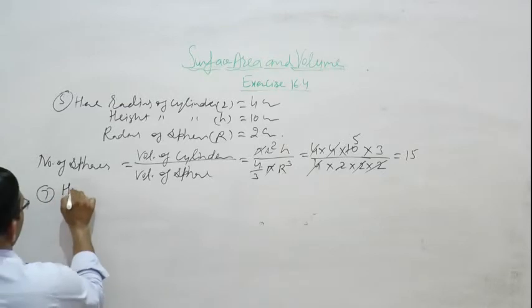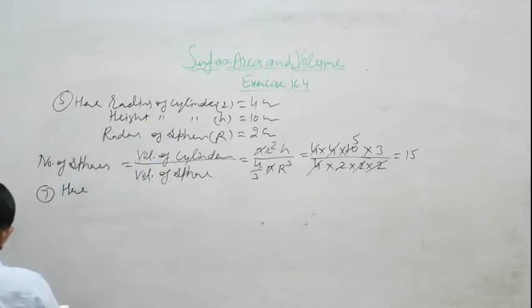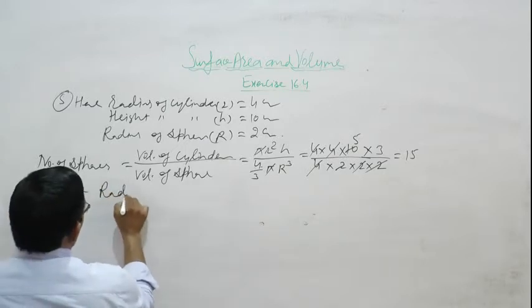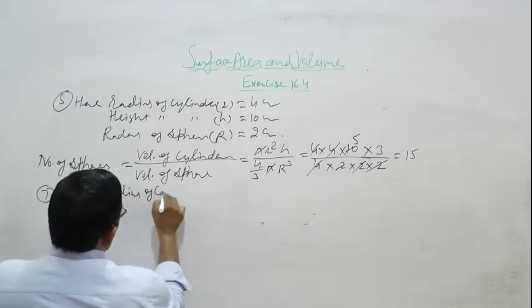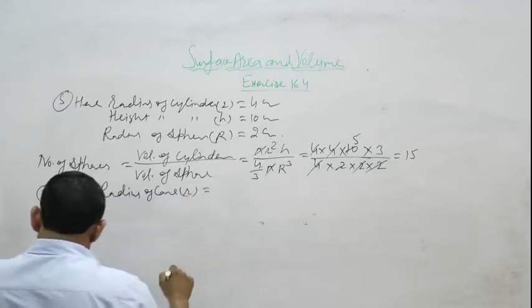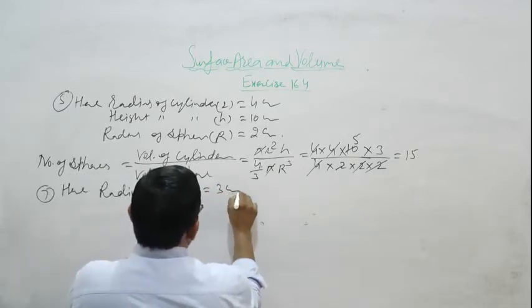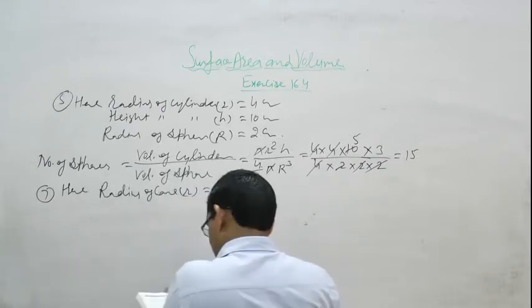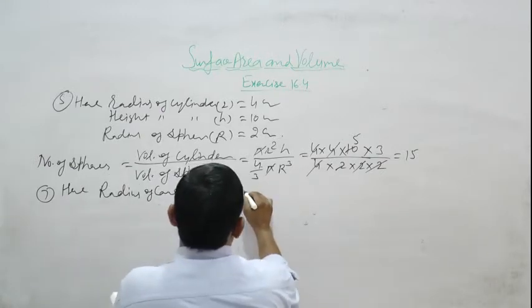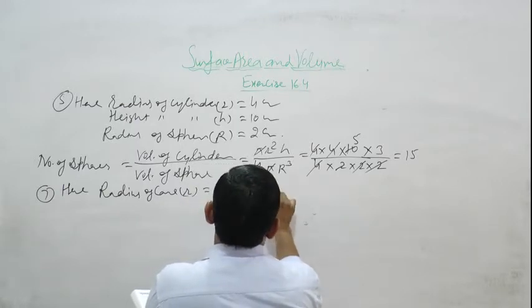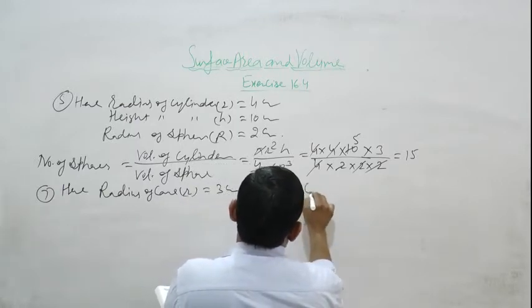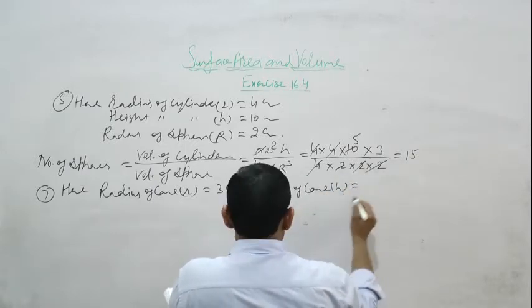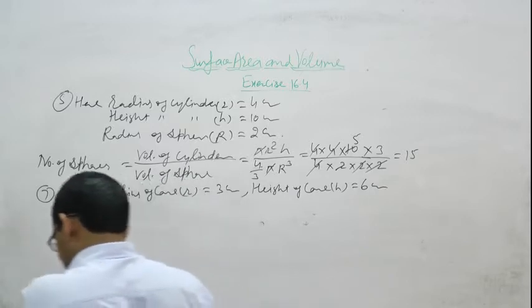So in question number 7, here radius of cone is 3 centimeter and height of cone is 6 centimeter.